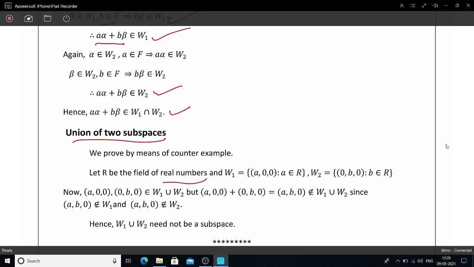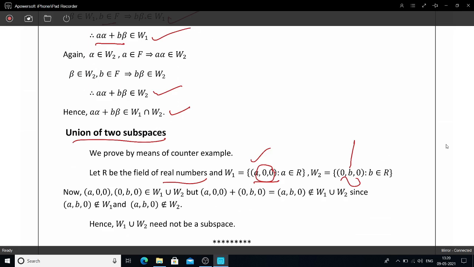W1 is a subspace containing ordered triples, where two elements are strictly 0 and one is non-zero. W2 is another subspace, where also two elements are 0 and one element is non-zero.